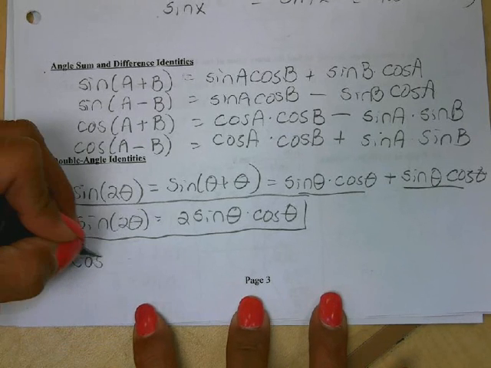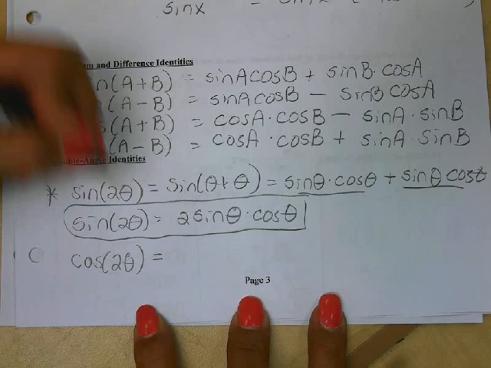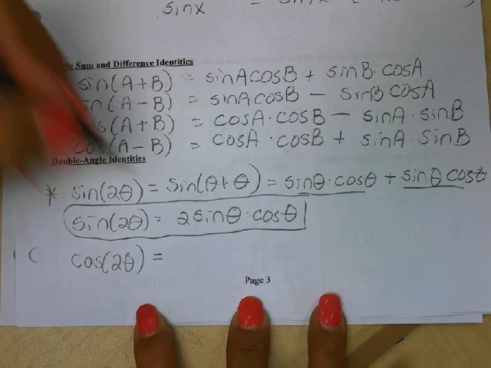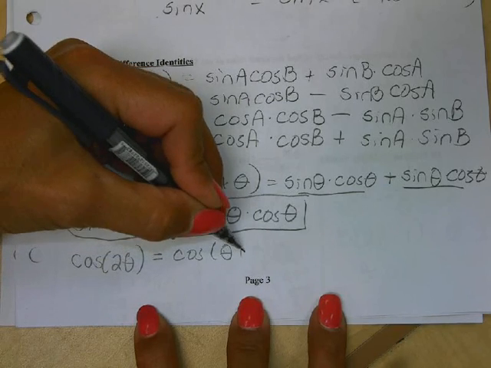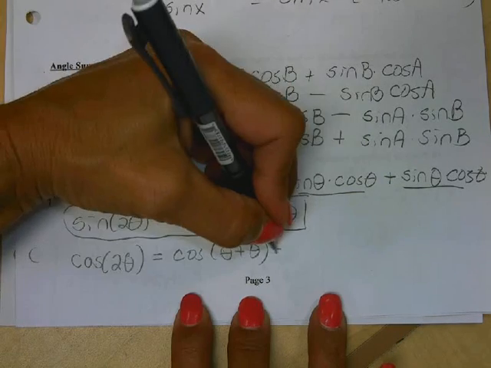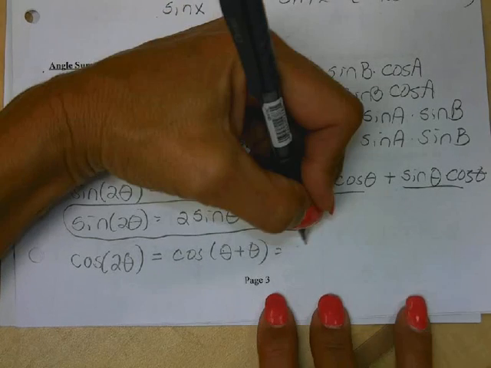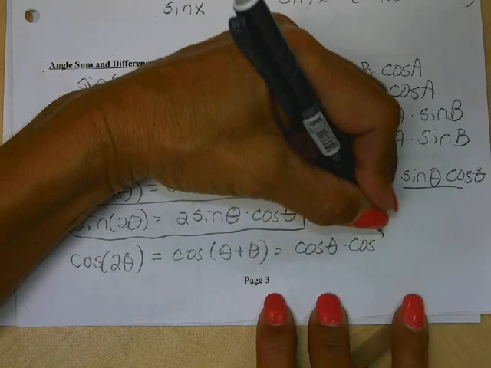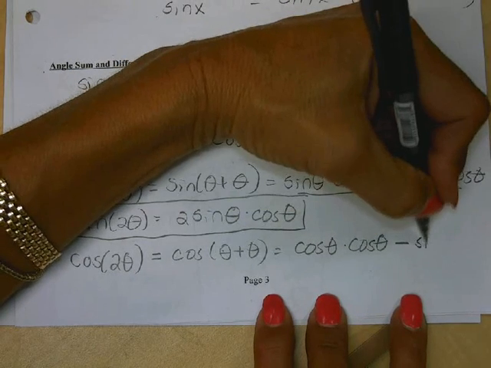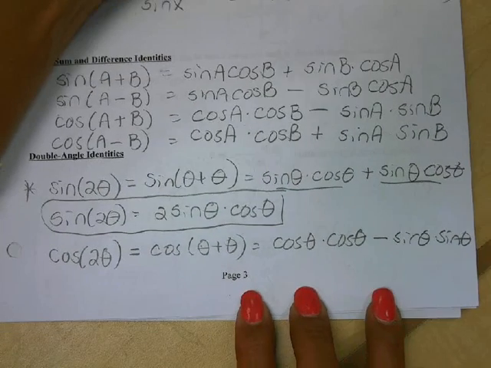The double angle identity for cosine looks like this: cosine of 2 theta. And once again, we can prove what the formula is using our formula from up above, that the cosine of 2 theta would be cosine of theta plus theta. And when I take the identity for summing two angles, I take the cosine of the first times the cosine of the second minus the sine of the first times the sine of the second.